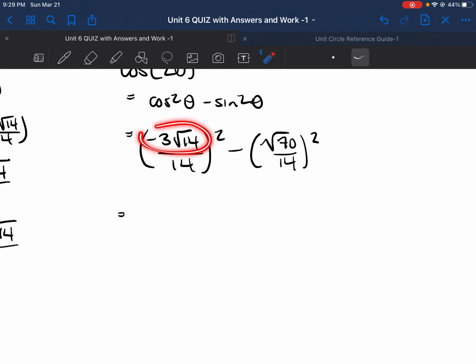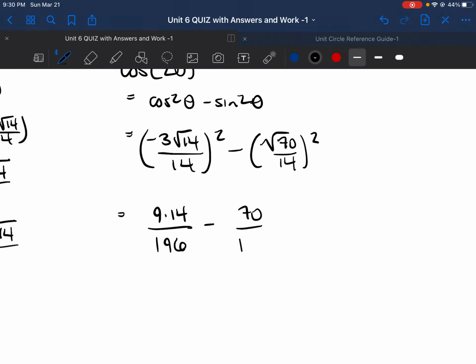So negative 3 root 14 squared, well, negative 3 and negative 3, that's going to be 9. And then we're going to have 9 times 14 because you're also squaring the square root of 14. And then 14 times 14 on the bottom, that's going to give us that 196. Root 70 squared is just going to be 70 over 196.